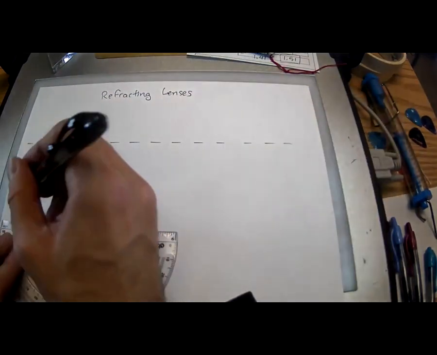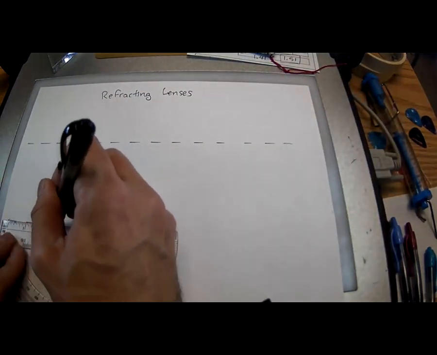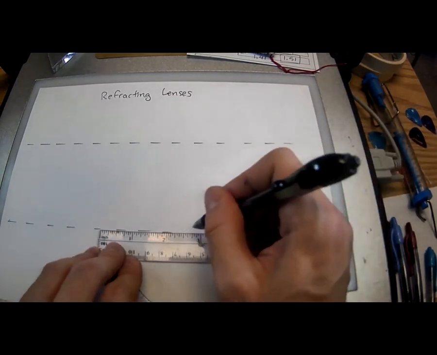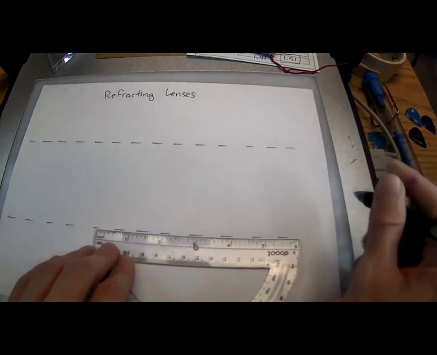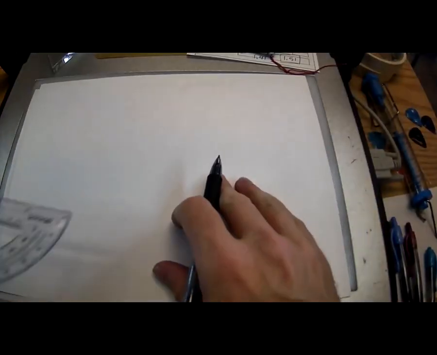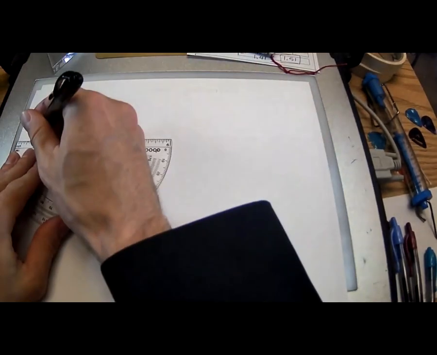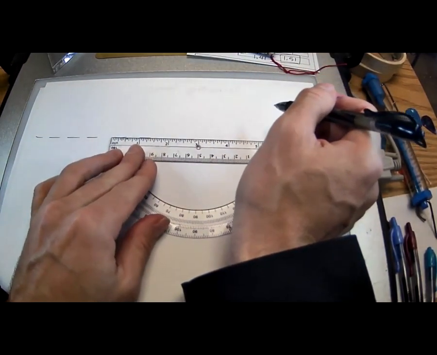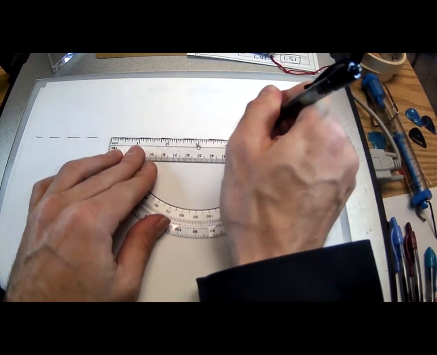This is eventually how you can build microscopes and telescopes. And a magnifying glass. One of these examples I have lined up represents a magnifying glass. How does that work? Lenses, how do they work?